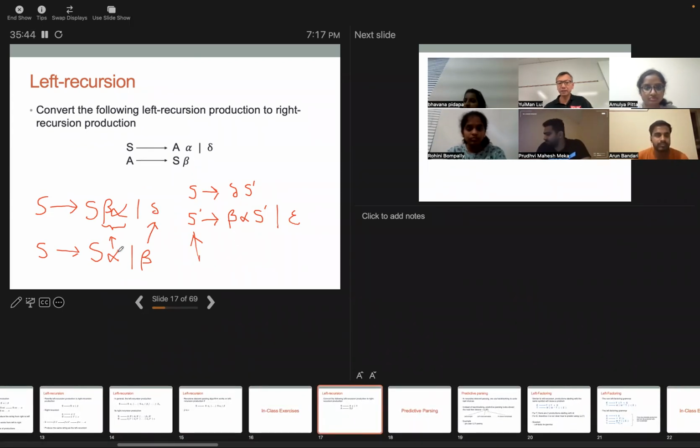And alpha is beta alpha, followed by S prime. All right, you can check, they generate the same language. You have to check, but this is what the formula tells you. From left recursion to right recursion, they follow a general form.